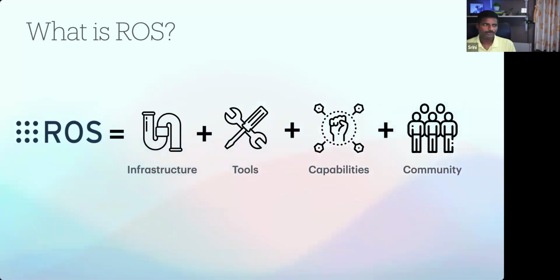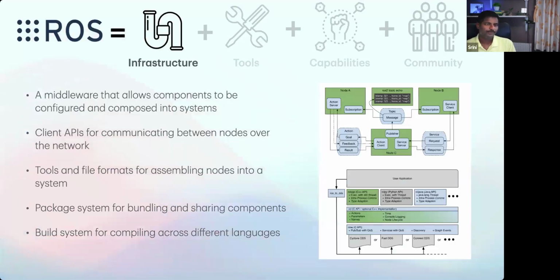So let's look into each of them separately, like what each of them actually provides. When I say infrastructure, I'm basically talking about the middleware architecture. I said that we can have different components, right? For having these different components, you need a middleware layer that lets these components talk to each other, be configured and used.